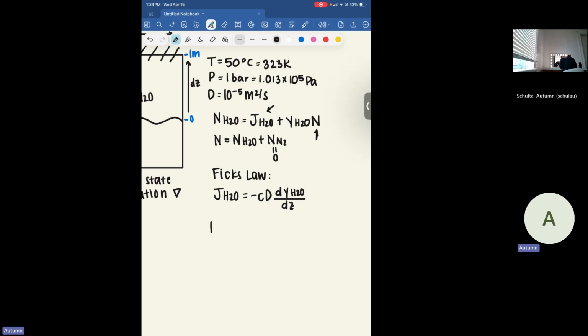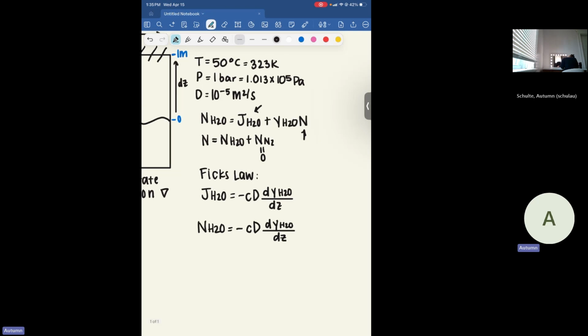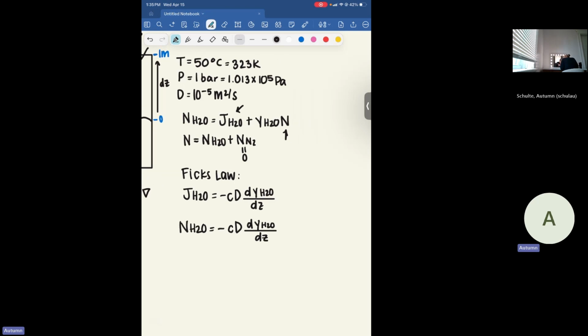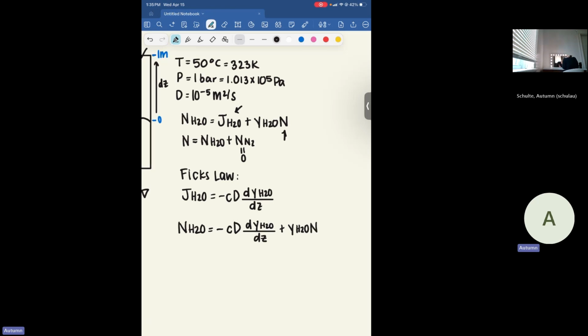So we have the molar flux of water is equal to the negative overall concentration, the diffusion coefficient, the derivative of the mole fraction of water with respect to z, plus our mole fraction of water multiplied by our overall molar flux, which is just the molar flux of water.